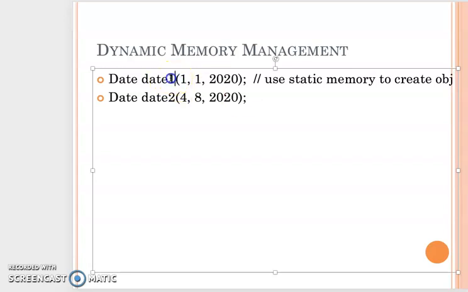So once I create the date one object, this object always has a fixed location for the specific memory in the hardware. So if I want to make the memory location change, or if our static memory is not enough, we need to create dynamic memory.